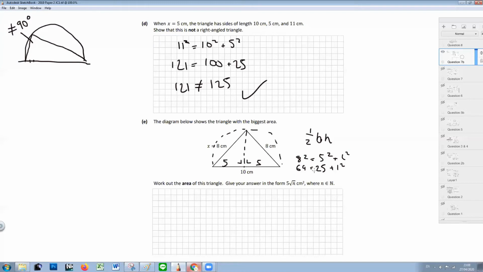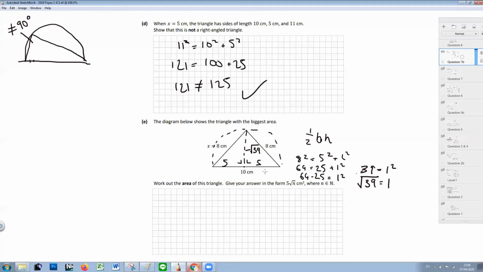So it's going to be 64 minus 25 is equal to L squared. That's going to be 39 is equal to L squared, or the square root of 39 is equal to L. So this value is going to be the square root of 39.